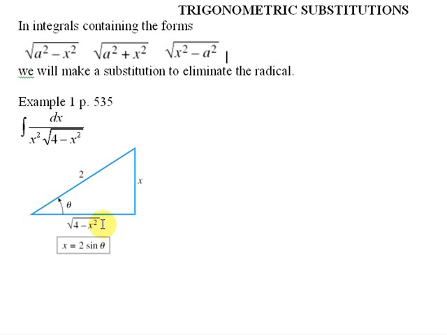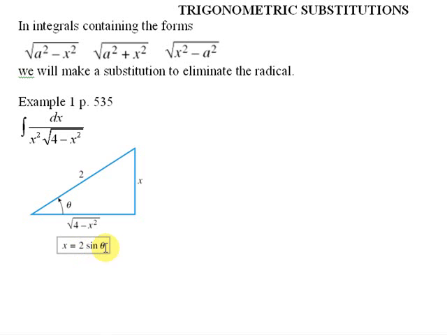Now, labeling this angle theta, we would see that the sine of theta is x over 2, or solving for x, x is equal to 2 sine theta. This is going to be the substitution that we're going to use, and you'll see in a moment why it works out so well.